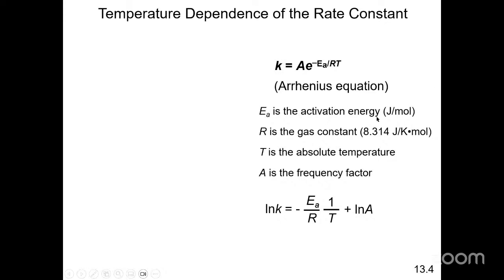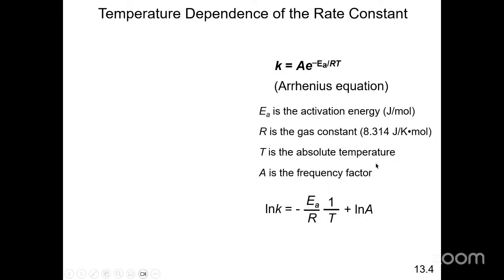EA is the activation energy, which I talked about earlier. It is the minimum energy that the reacting molecules are going to need in order for the reaction to take place. R is the molar gas constant, which I'm quite sure we're familiar with. And T is the temperature, absolute temperature in Kelvin. And I spoke about this, right? So this is the Arrhenius equation.